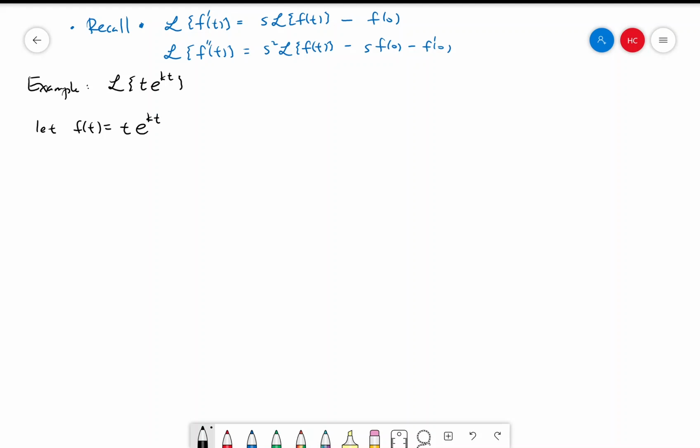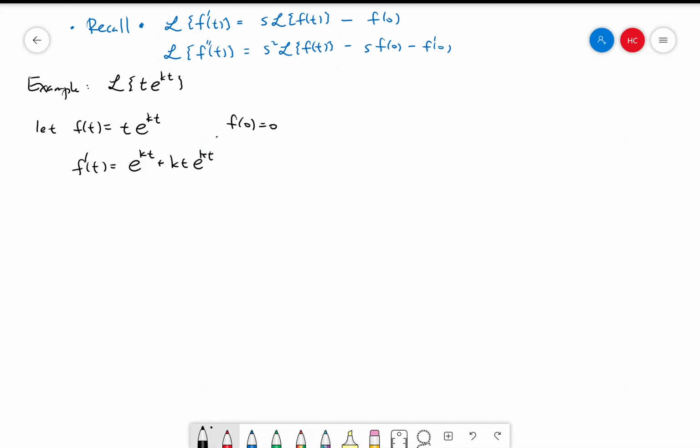The product rule tells you that the derivative is equal to e to the kt plus kt e to the kt. Moreover, notice that f of 0 is equal to 0 because there's a t in the front.